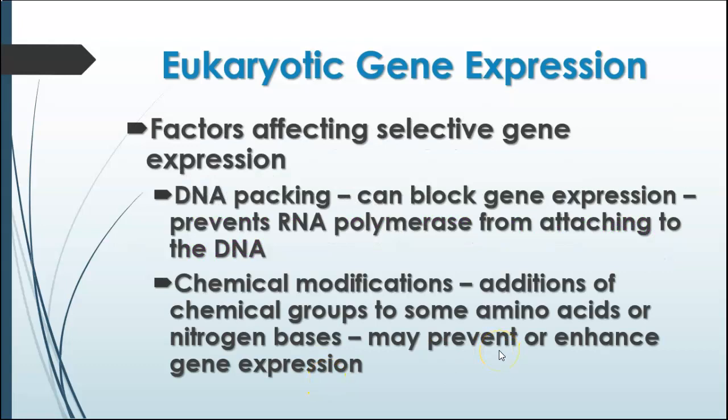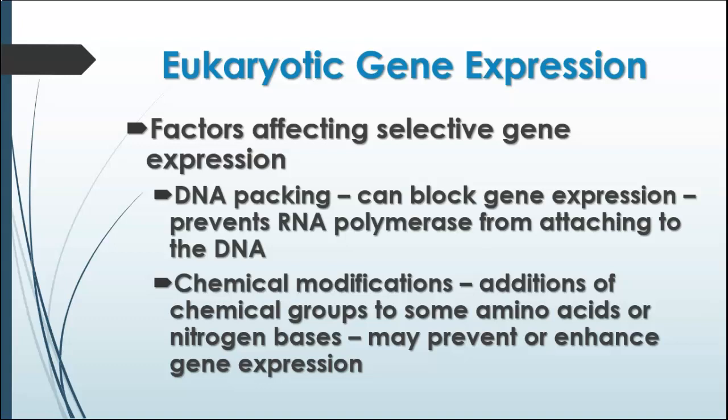Okay? So what are some things that can affect selective gene expression? Something called DNA packing. This is sort of like what you see in the formation of the Barr body and exon activation. In other words, the DNA can be packed tightly so that it blocks the gene expression and prevents the RNA polymerase from attaching to the DNA, so those particular genes in that particular type of cell cannot be expressed.